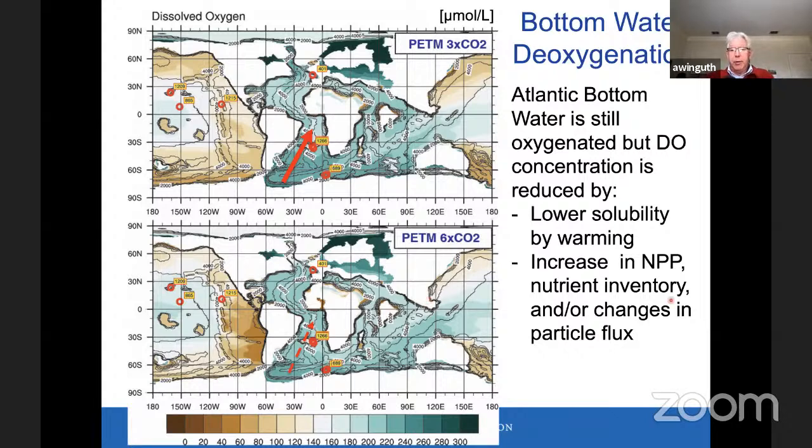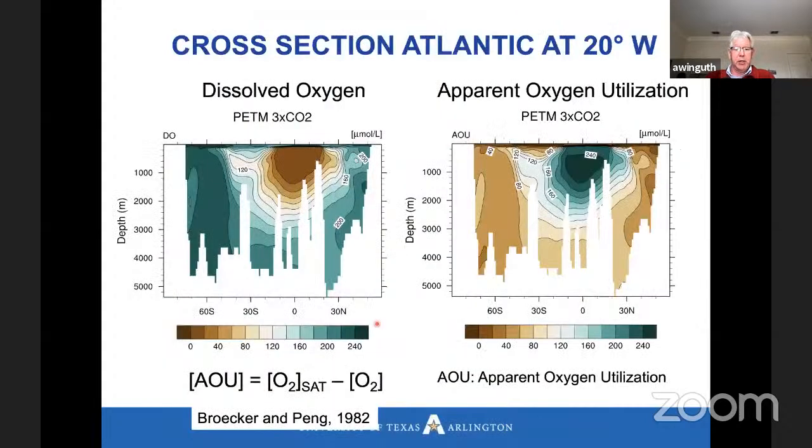And so there are multiple processes related to the lower oxygen concentration. Of course, we do have the changes in the circulation, then the changes associated with the solubility pump because it's warmer, and then we do have the biological processes. I want to look more in detail here at the biological processes. In contrast to Andreas Schmittner's talk, we don't consider here the disequilibrium changes in the oxygen concentration. So that may be a thing we look into in the future.